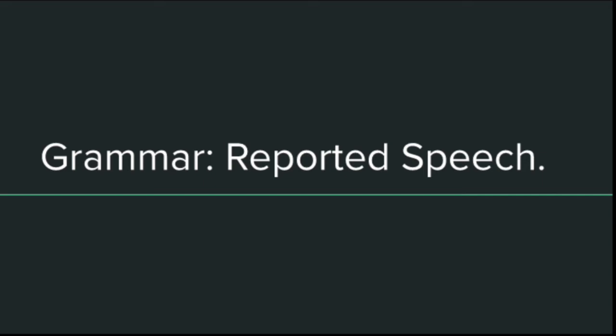Now, changing from direct to reported speech. When we change from direct speech to reported speech, we make the following changes. The first one is pronouns. We often have to change the pronouns. What are these pronouns?